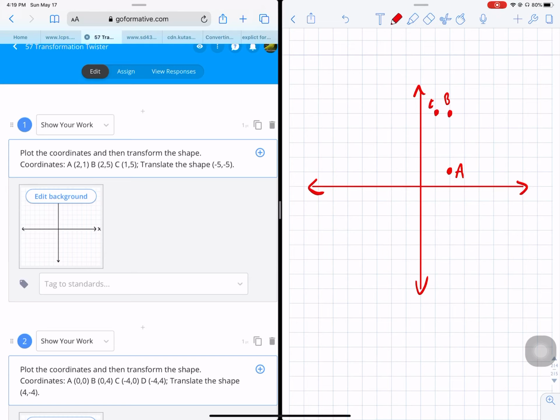Oh, no. Oh, it's a triangle. Okay, cool. All right, so I'm connecting my dots. I'm like, negative 5, negative 5, doesn't make sense.